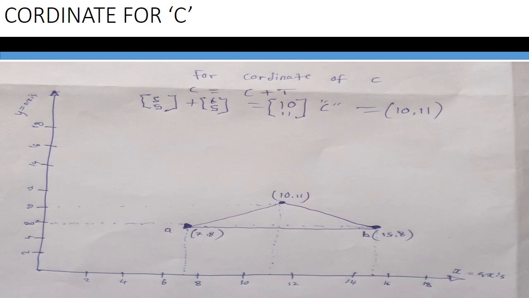Then 10 is directly at the peak, so we are to draw the lines so that we can have a meeting point between the x-axis and the y-axis. So that is how we are to provide a triangular shape with the help of matrix form.